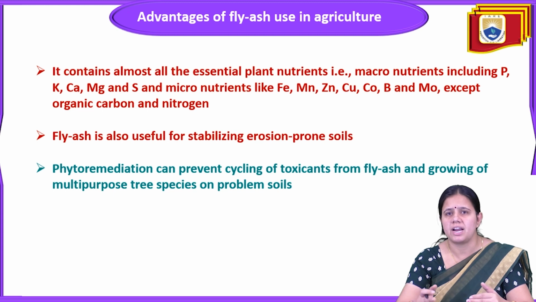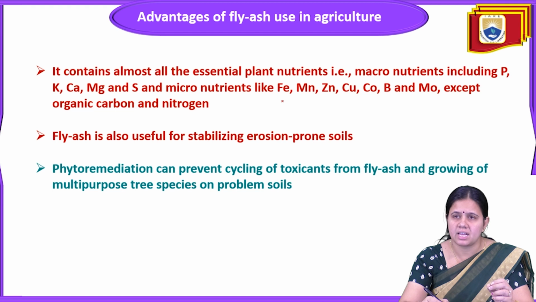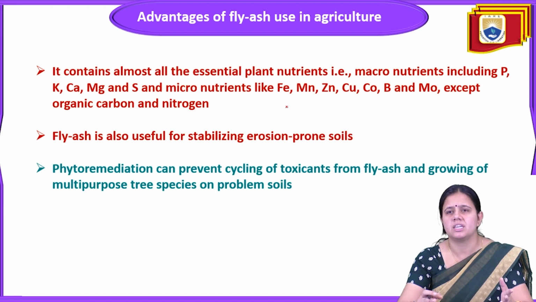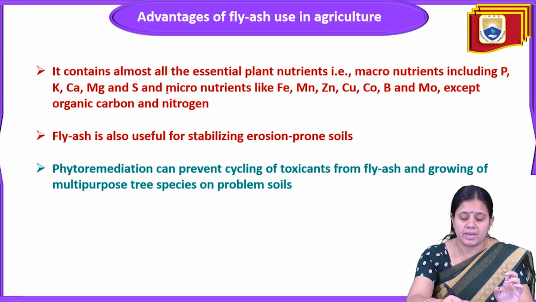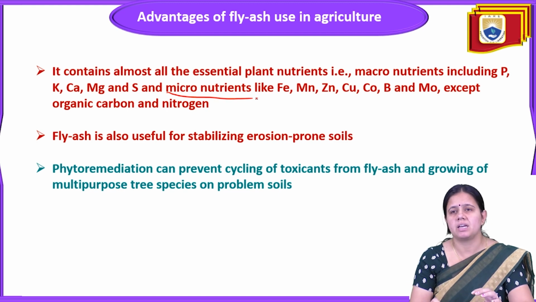Next is when we utilize fly ash in agriculture. What is its advantage? It contains almost all essential plant elements, as I have already discussed. Fly ash contains essential plant nutrients like phosphorus, potassium, calcium, magnesium and sulfur, and some micronutrients like iron, manganese, zinc, copper, cobalt, boron and molybdenum, except some organic carbon and nitrogen.